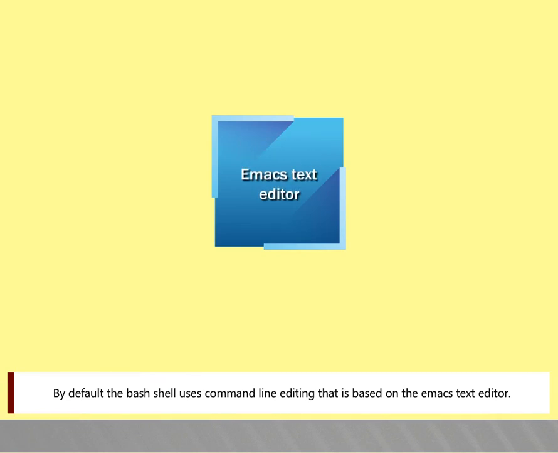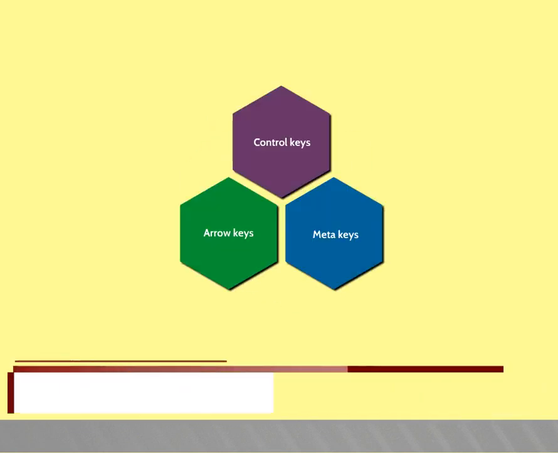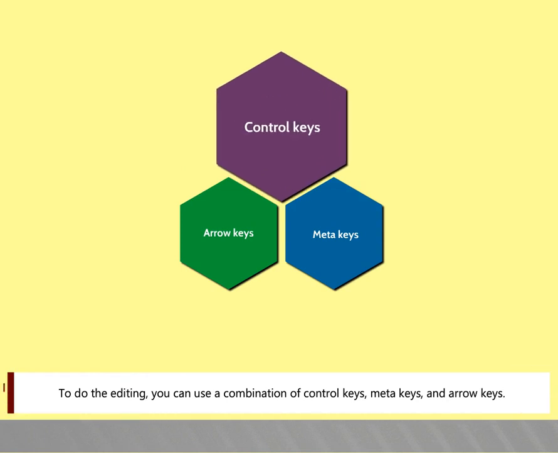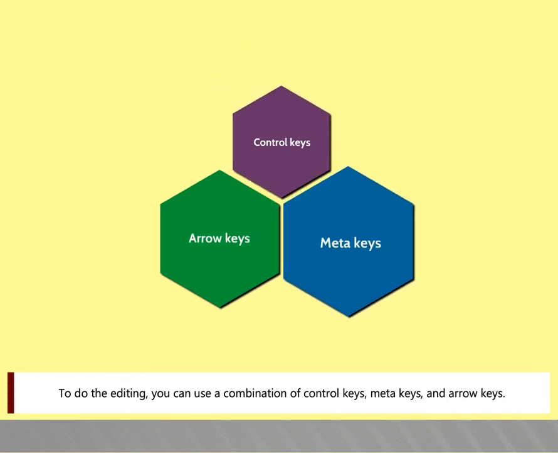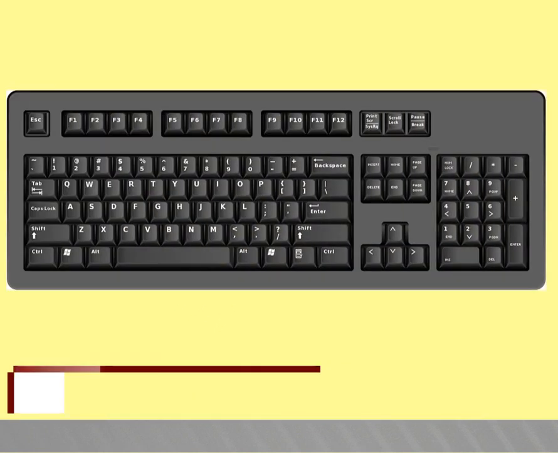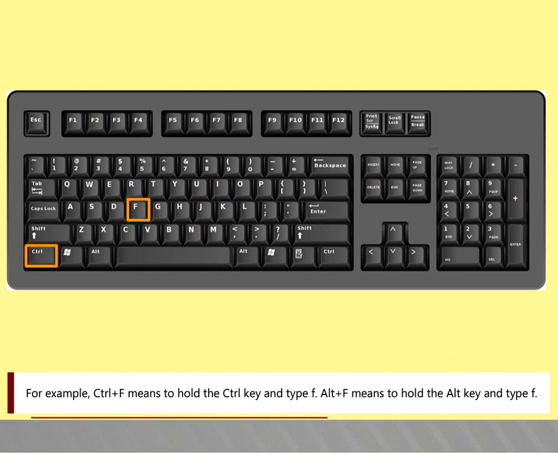By default, the bash shell uses command line editing that is based on the Emacs text editor. To do the editing, you can use a combination of control keys, meta keys, and arrow keys. For example, Ctrl plus F means to hold the control key and type F. Alt plus F means to hold the Alt key and type F.